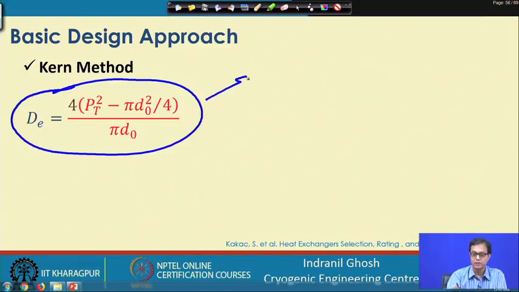This is for the square pitch, and it depends on the pitch ratio Pt square and then pi, and this is the d0, the external diameter of the tube. So, we can estimate this equivalent diameter. Please mind that this is not the hydraulic diameter. We have talked in the earlier class, this is based upon the heat transfer perimeter, I mean weighted perimeter of the heat transfer area.